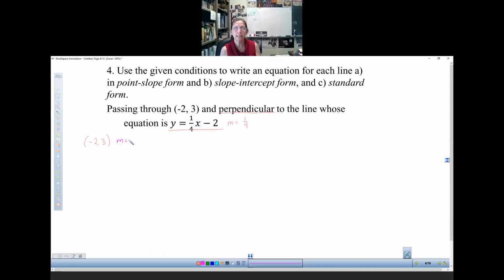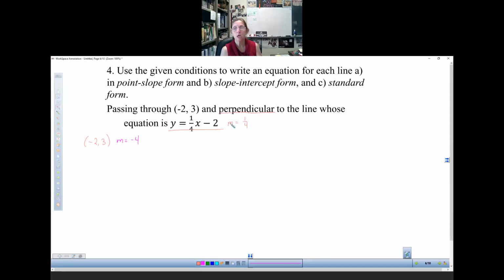What is going to be the slope I'm going to use? It is going to be -4, exactly. Okay, excellent. So I flip it, and I change the sign, okay? So I flip 1/4 over to make it 4 over 1, and I make it the opposite sign.